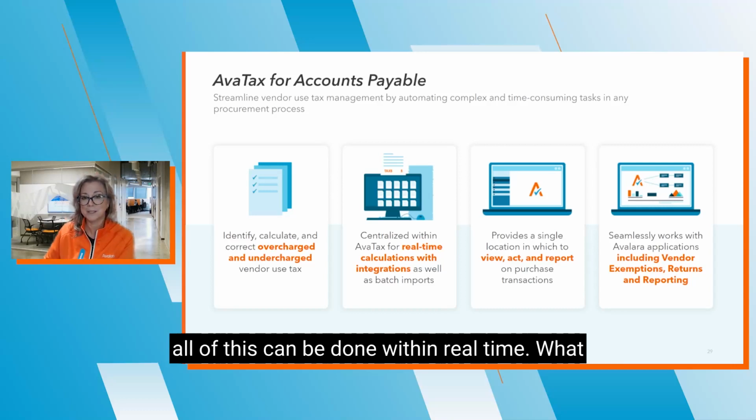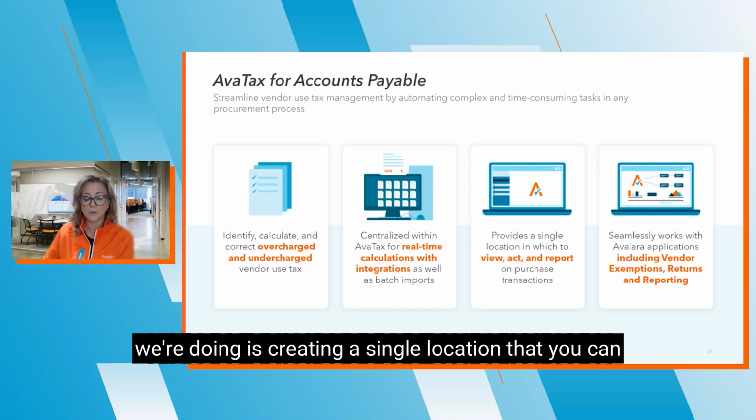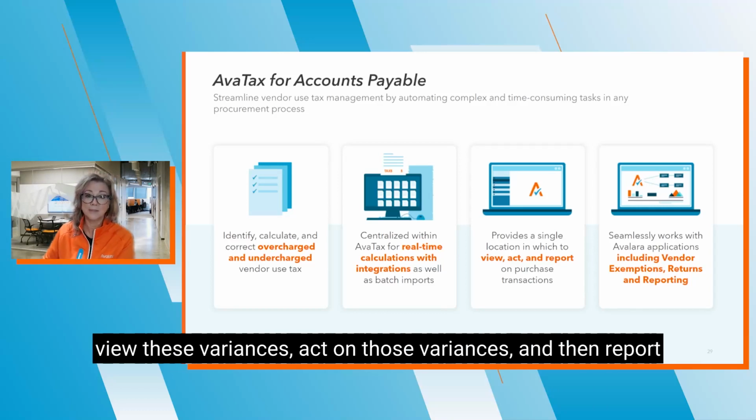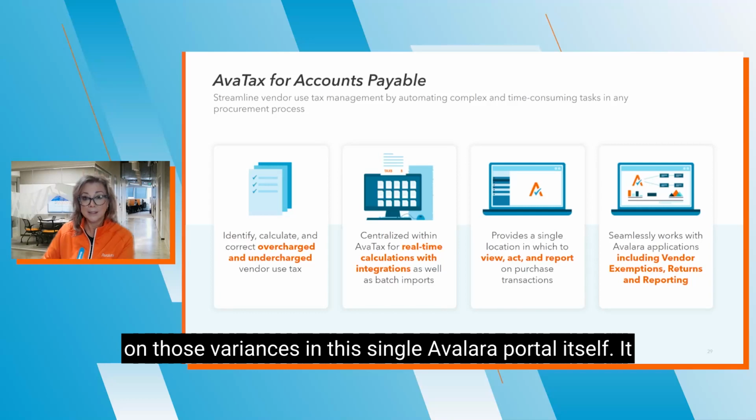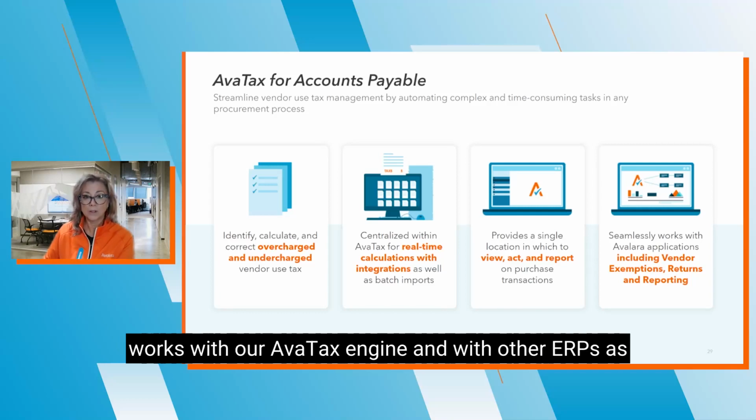But all of this can be done in real time. And what we're doing is creating a single location that you can view these variances, act on those variances, and then report on those variances in this single Avalara portal itself. And it works with our AvaTax engine and with other ERPs as well.